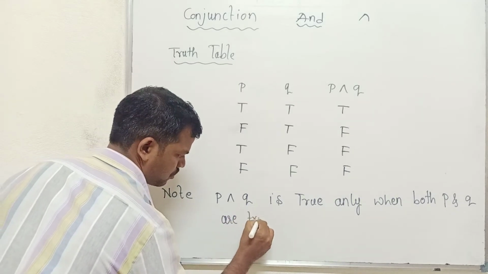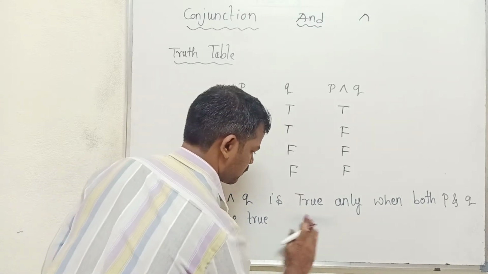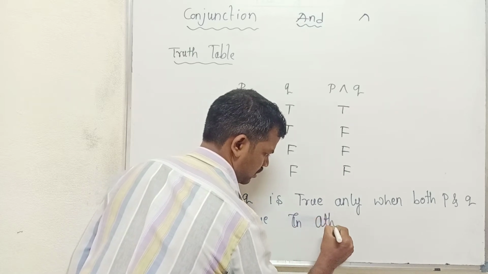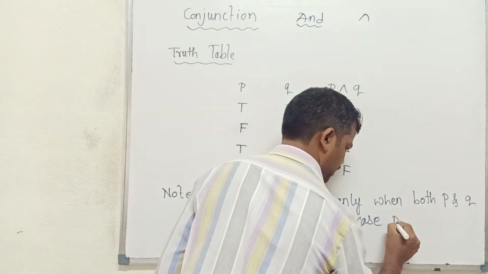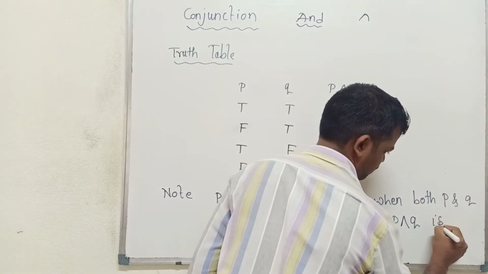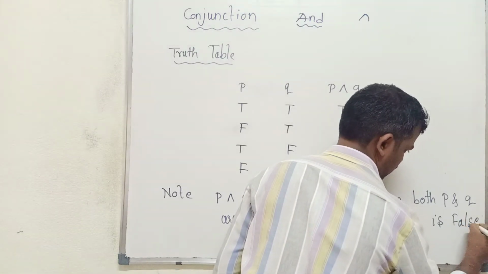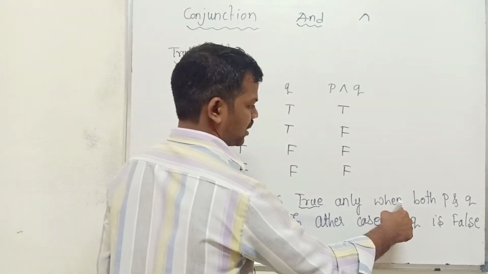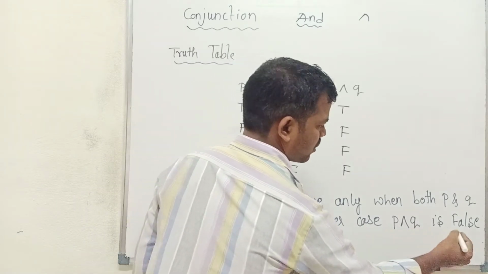In other cases, P and Q is false. It is true only when both are true.